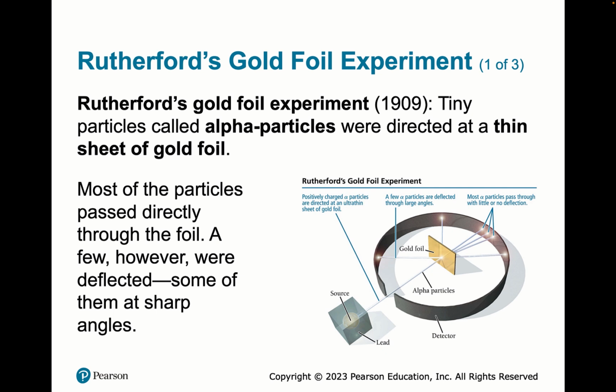Rutherford went and took a piece of gold. You can hammer gold really, really thin. He then took an alpha particle source and put it into a block of lead with a little hole, so it was shooting alpha particles out. Alpha particles are heavy. They're basically helium nuclei, so 4 atomic mass units, which is about 8,000 times as massive as an electron.